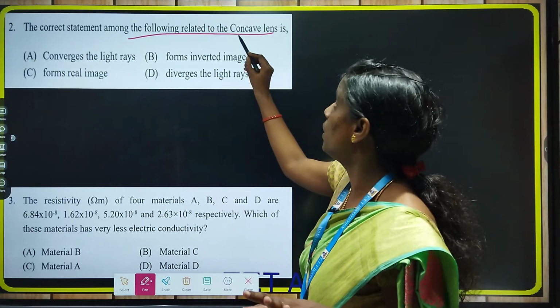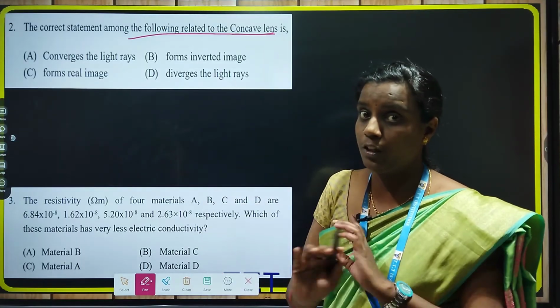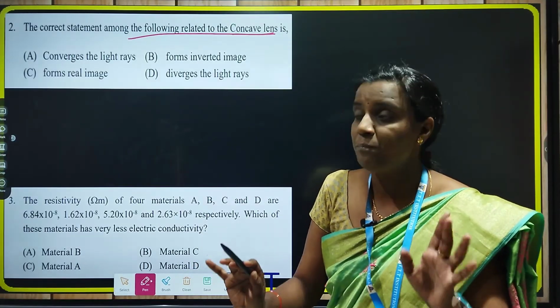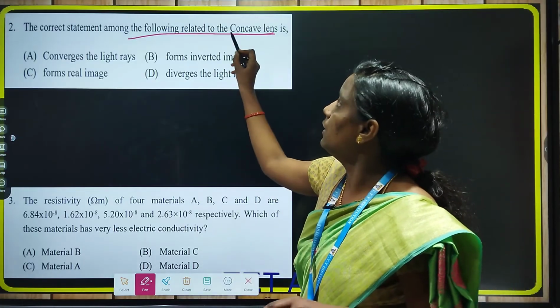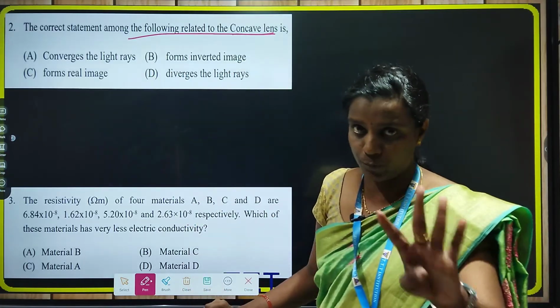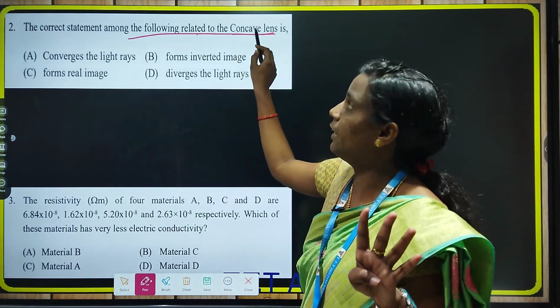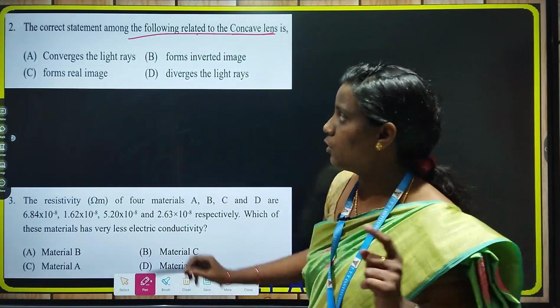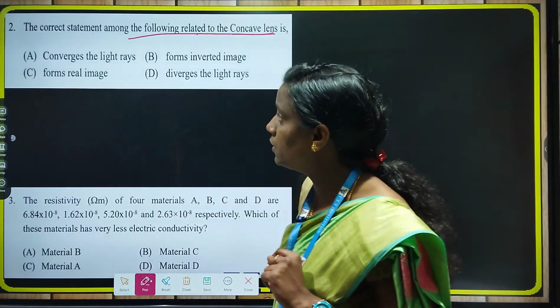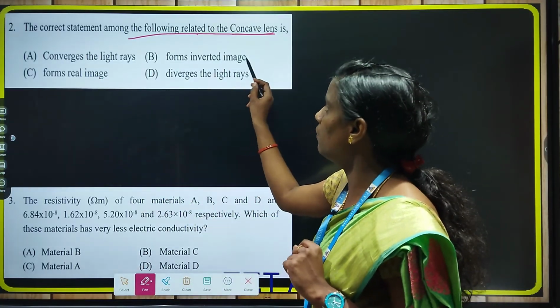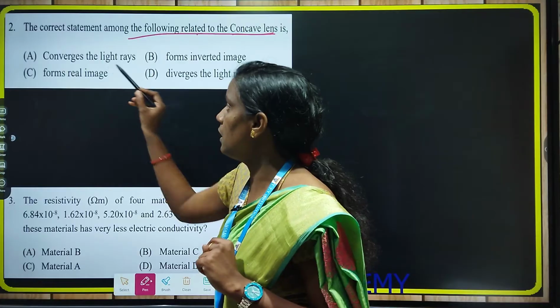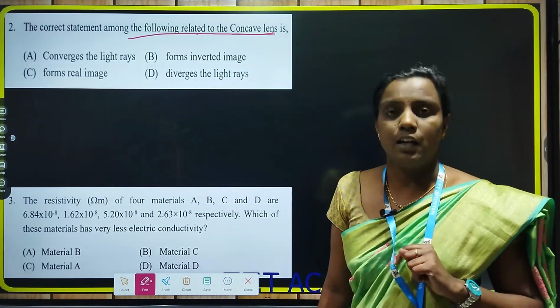They have asked about the concave lens, not about concave mirrors. There are 4 options given, and in that, which statement is correct and related to the concave lens? The options are: converges the light rays, forms inverted image, forms real image, diverges the light rays.